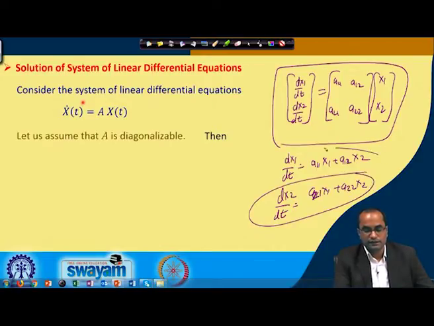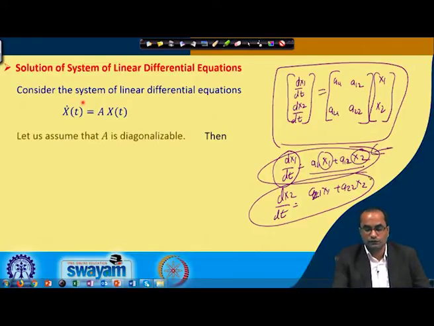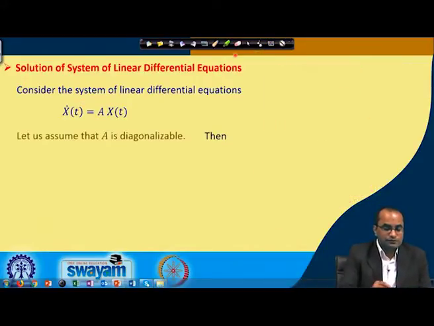These are ordinary differential equations, and they are coupled because x1 and x2 are present in both equations. They are not very easy to solve, but with the idea of diagonalization it becomes very simple, as we will observe now.